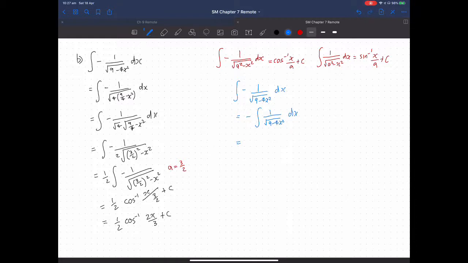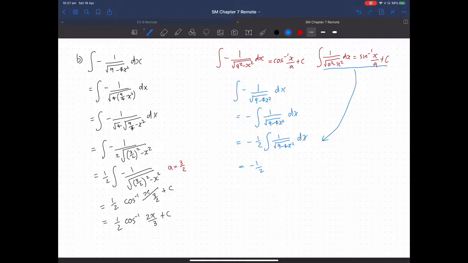Now, using the factorization process we did earlier on, that's going to give me minus 1/2 times the integral of positive 1 over the square root of 9 minus 4x squared dx, which means if we were going to anti-differentiate this, minus a half out the front is a constant, we now can use the inverse sine methodology.